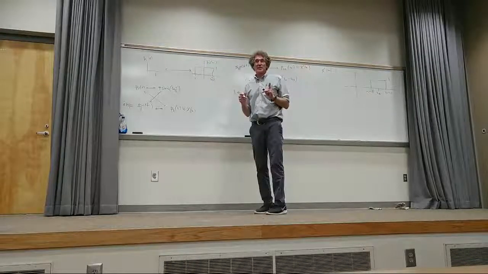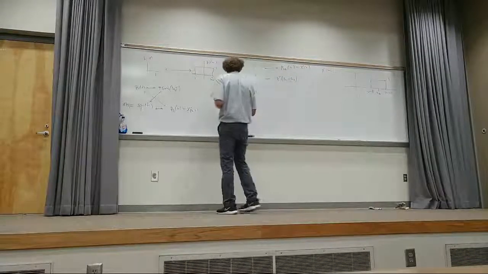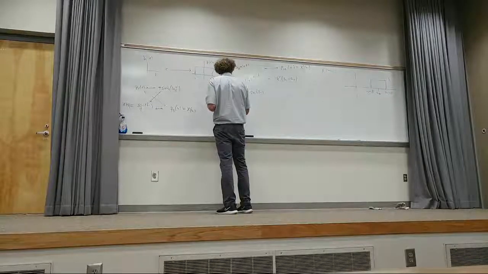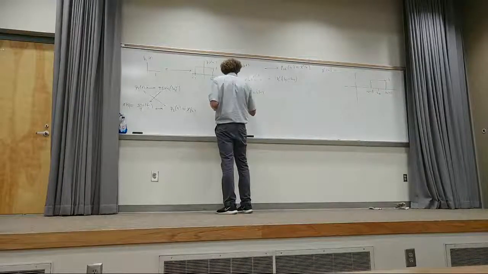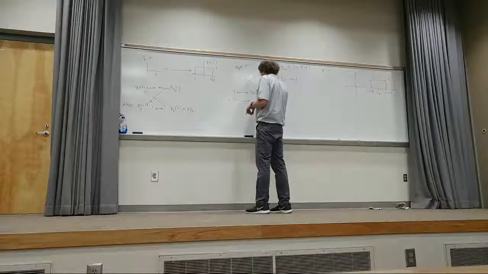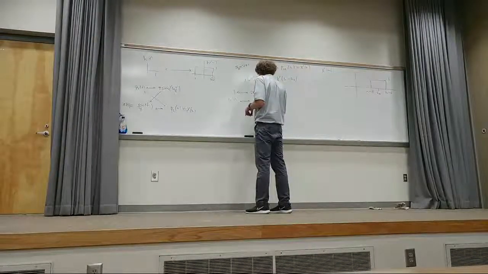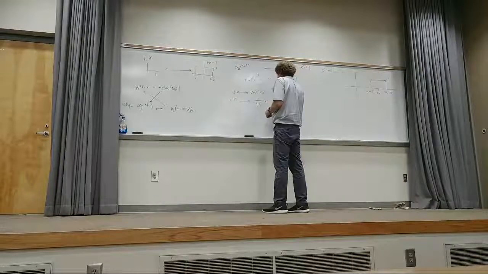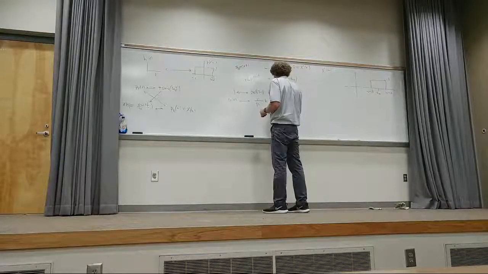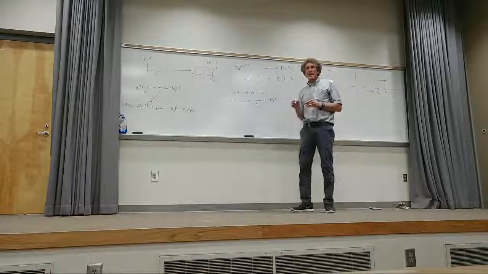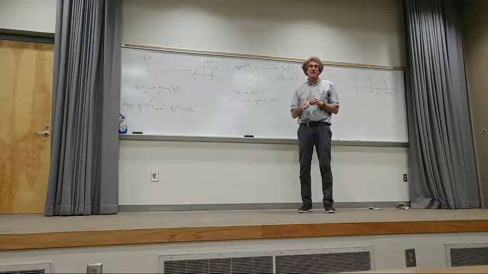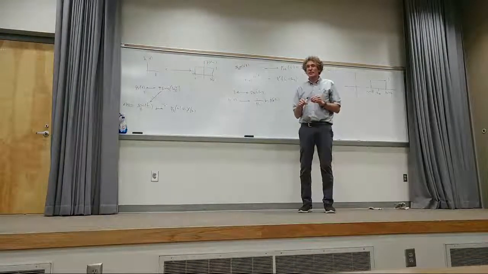I use duality to get that, right? Another one is u of t. U of t goes to 1 over s with s replaced by j omega, but there's that pi times delta of omega nasty term also, because it has a value that's DC, you might say. We get that from duality.